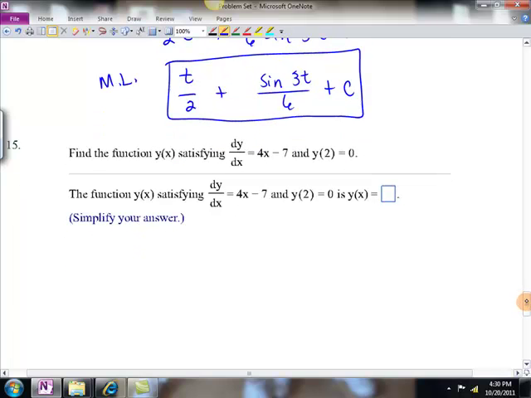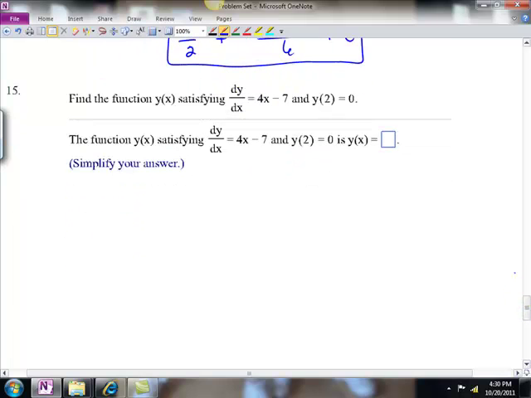This is a little bit more involved. Find the function satisfying dy/dx is 4x minus 7 and y of 2 equals 0. So what they're saying is find the integral of this. The integral of that is 4x squared over 2 minus 7x plus some c.